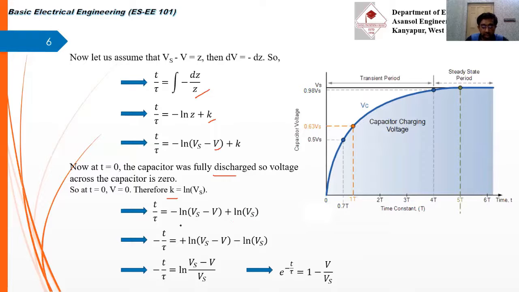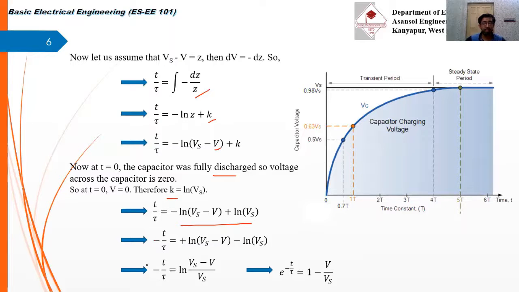Now put this logarithmic value into one term. But before that, the negative sign is taken common and put on the left hand side.